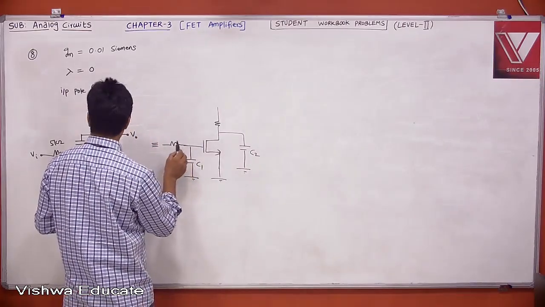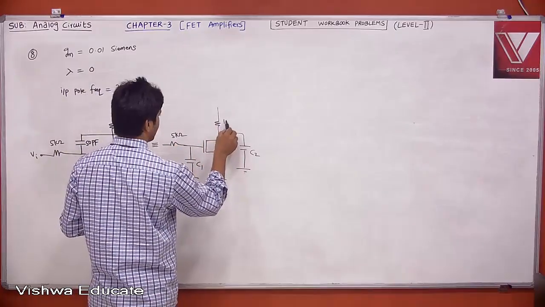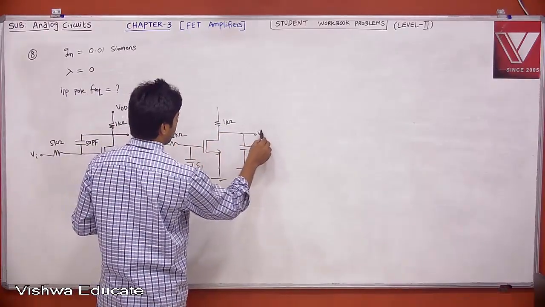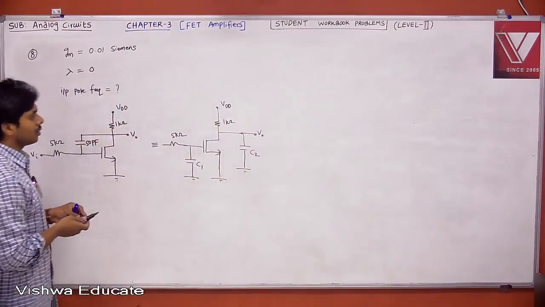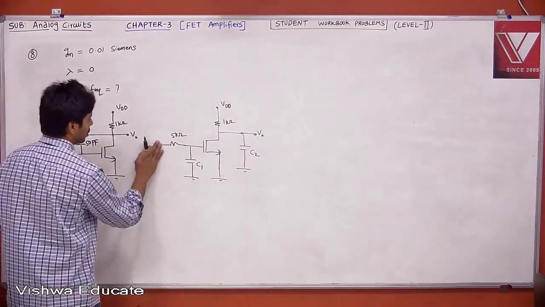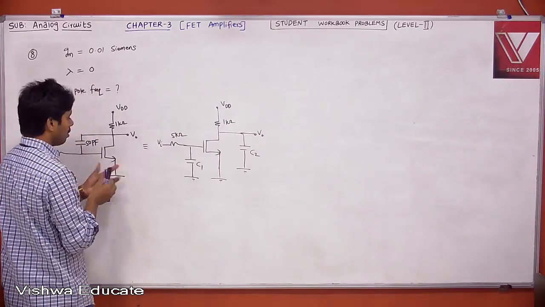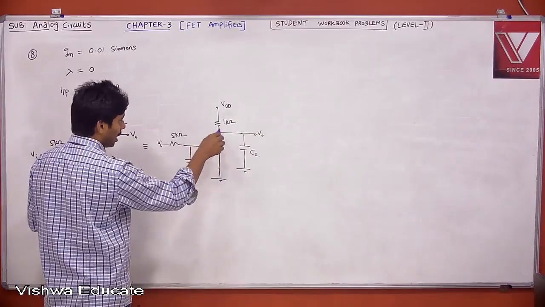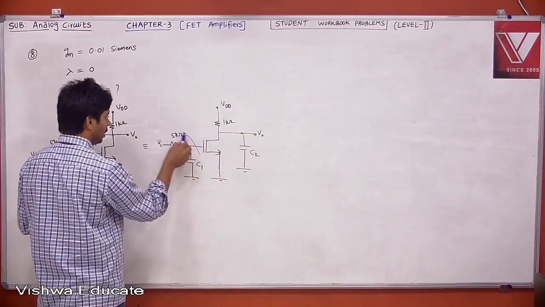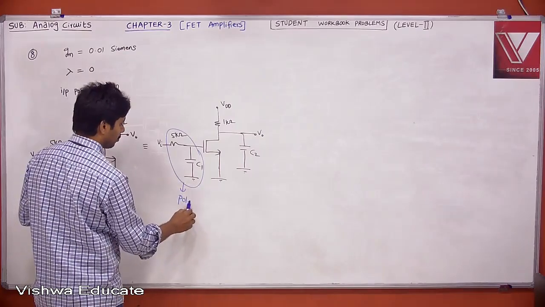Then this is the resistor, which is 5 kilo ohm, then the 1 kilo ohm, this is your V0, this is your VDD, and this is your Vi. If you ignore the device internal caps and overlap caps, at the input this is forming a pole.